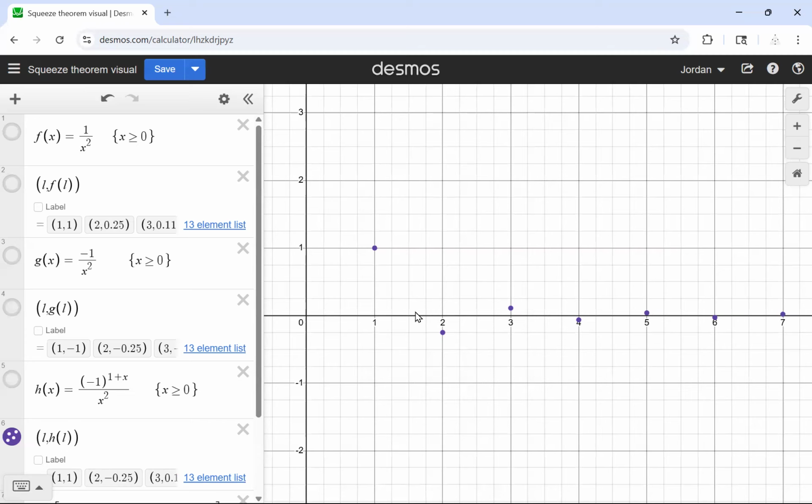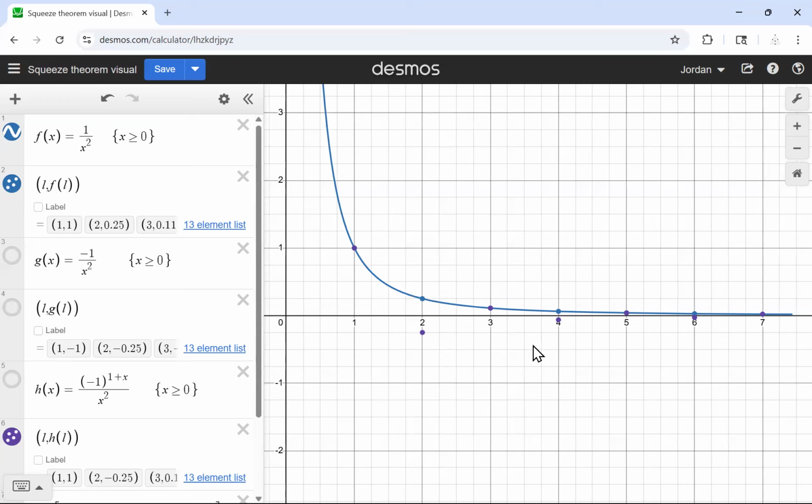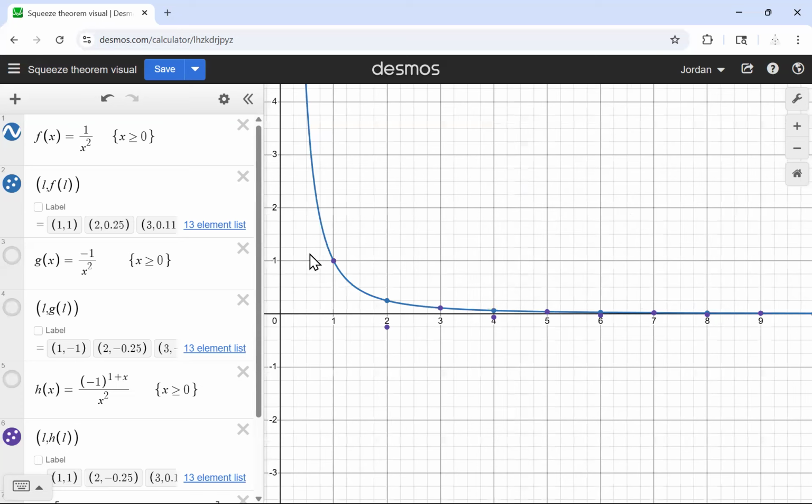Well, if I took just 1 over x squared, that sequence would have this continuous curve to it, and you might look at all of the points of that sequence as an upper bound on all of the points of my sequence. So the alternating sequence has an upper bound of positive 1 over x squared.